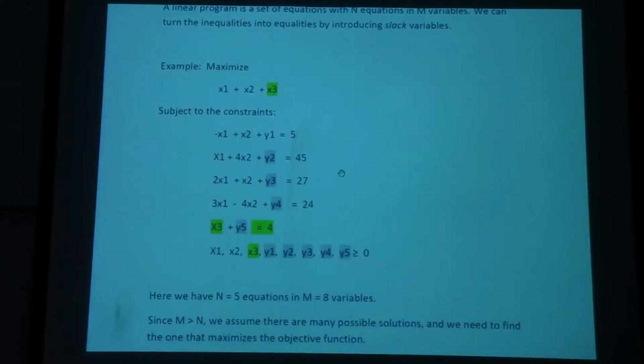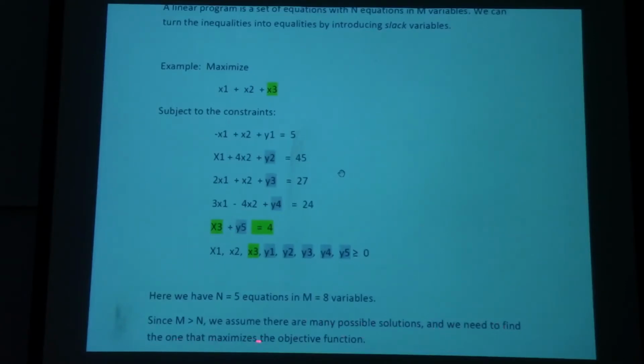So we have, at this point, 1, 2, 3, 4, 5 equations, n, in 8 variables, m. And the 8 variables are all the x's and all the slack y variables. Since m is greater than n, we assume that there are many possible solutions.